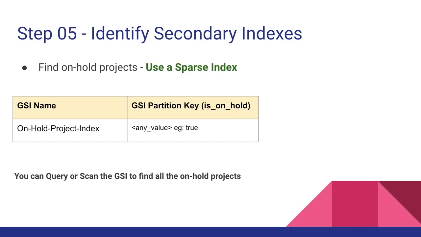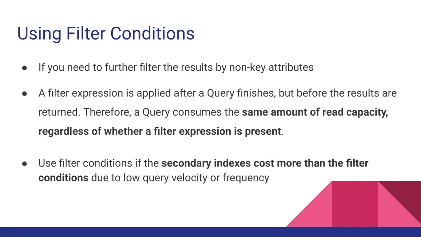Okay, now we have gone through all our 5 steps. Now if you have some experience in DynamoDB, you might remember there's another thing called filter condition. Now filter conditions are used if you want to further filter results by non-key attributes. Now the important thing to understand about filter expressions is that they are applied after the query finishes.